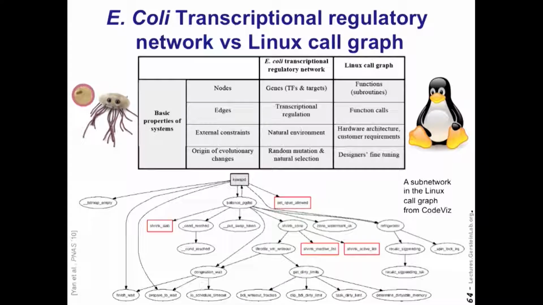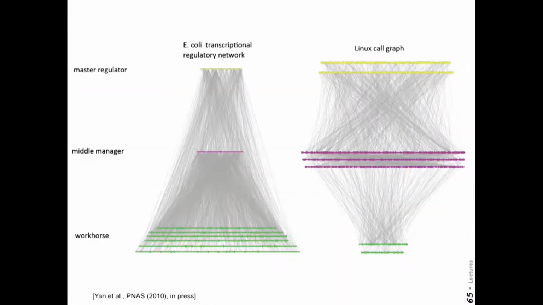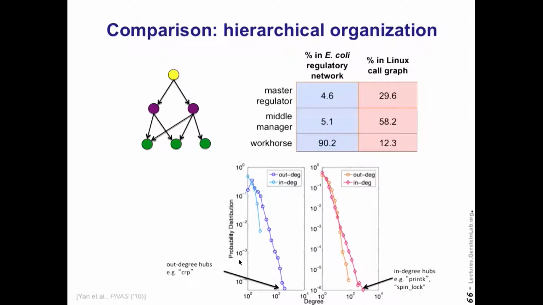The quick thing to mention is that the computer operating system hierarchy, shown over here, looks very different. It looks kind of inverted relative to the natural hierarchy. You can ask yourself, why is this? This picture talks about how the hub structure is very different, but the intuitive picture is very easy to understand.